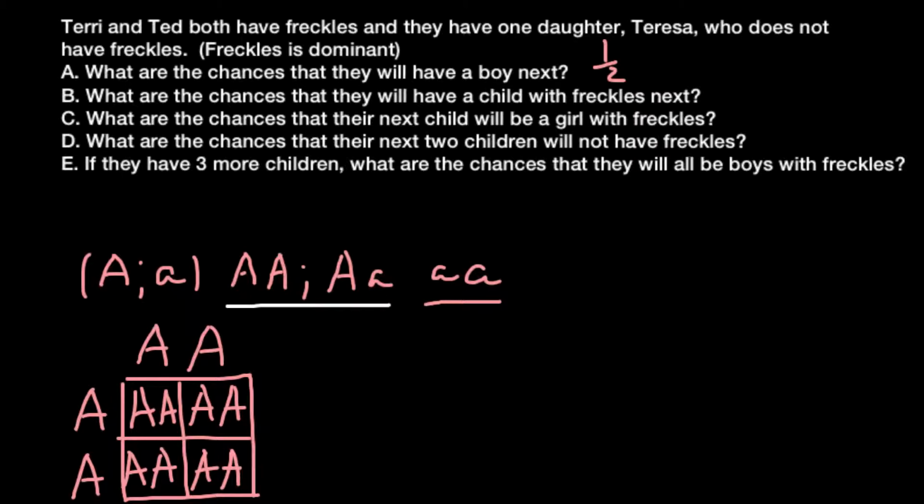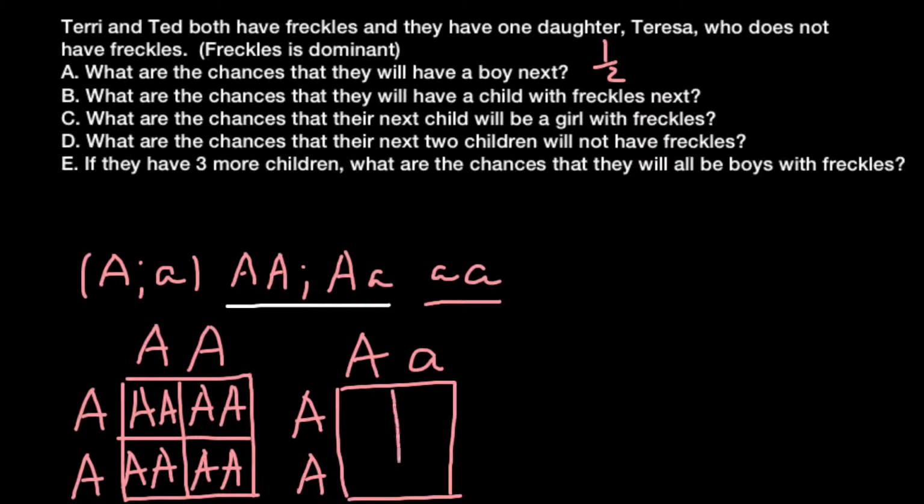Let's try a different variant. For example, if one parent were heterozygous for this trait, phenotypically also with freckles, and the other parent homozygous dominant, this time we have different genotypes but still the same phenotype.